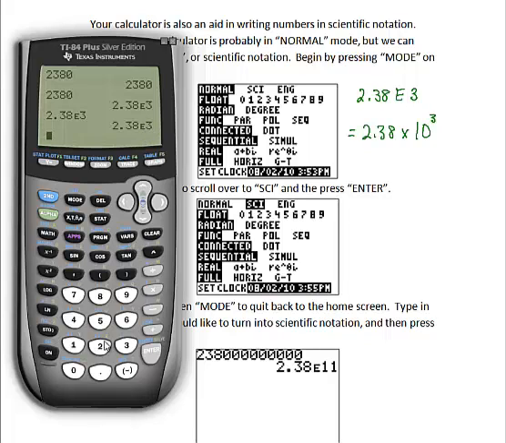If we type in 2.38 times 10 to the exponent of 3 and hit enter, it still returns the E notation, 2.38 E3. These are the same notations.